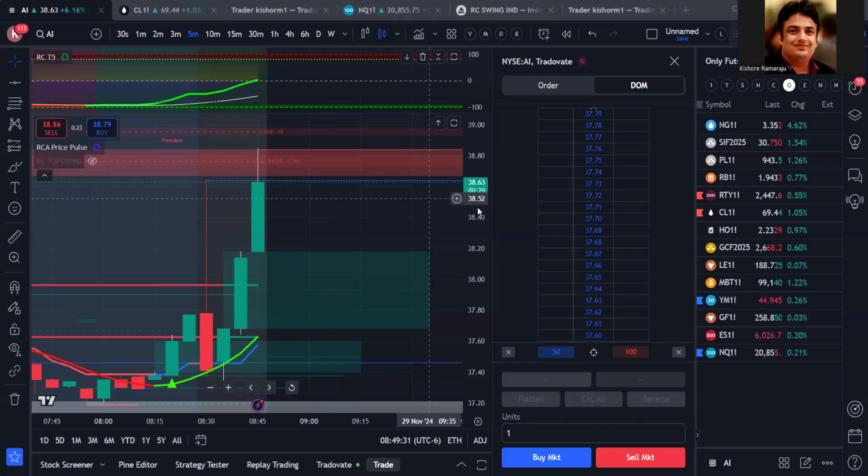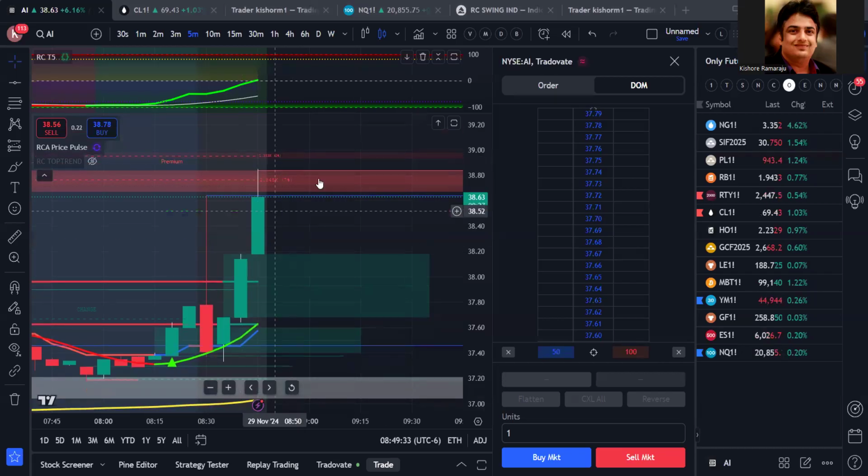It may go a little more up, but why do you want to risk, right? You already made nearly 45-50% within 5-10 minutes, right? You are at a premium zone.